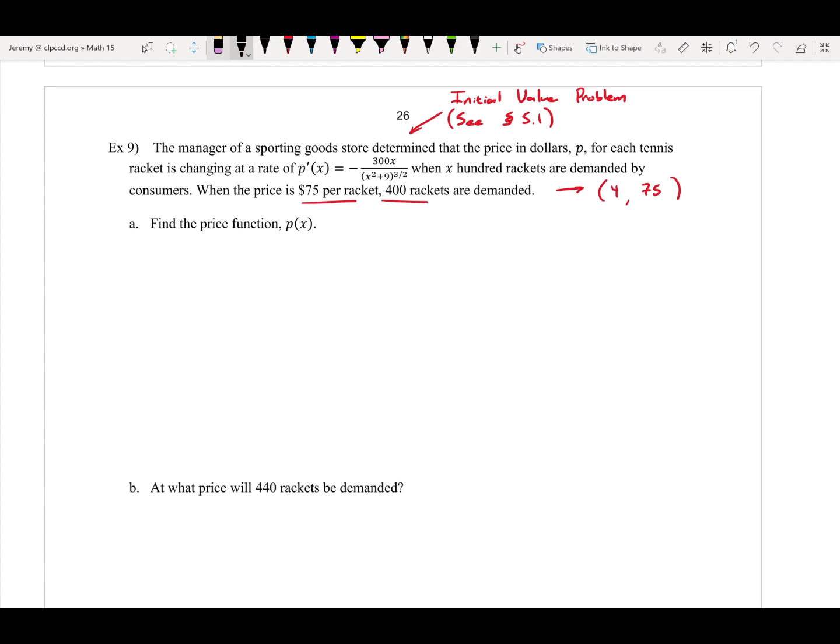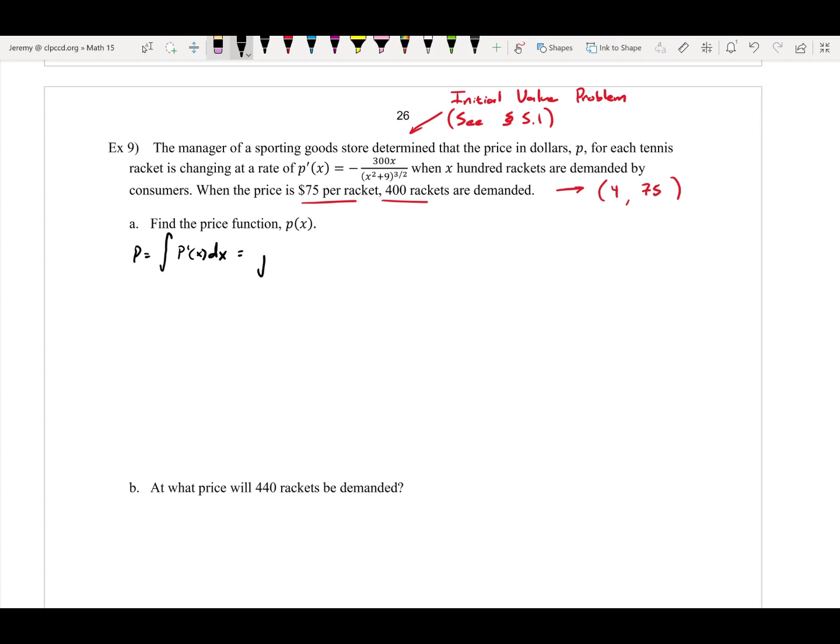Now it's time to find the antiderivative of this expression right here. So let's jump into this. P is going to be equal to the integral of p prime of x dx.